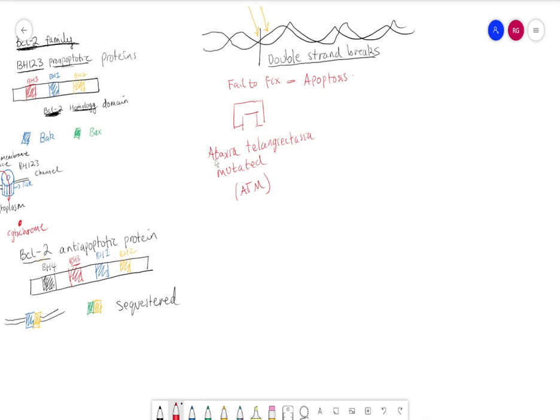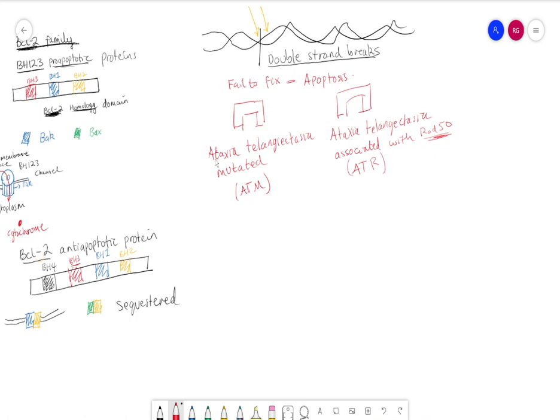And there's another protein, they're going to have the same job, so I'm going to draw them the same. It's going to be ataxia telangiectasia, and instead of mutated, it's going to be associated with RAD50. So RAD50 is another protein that's involved in homologous end joining. We're going to call it ATR for short.